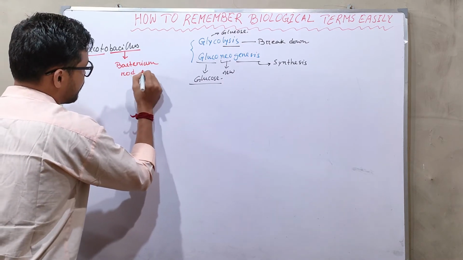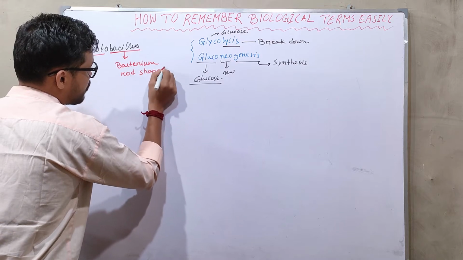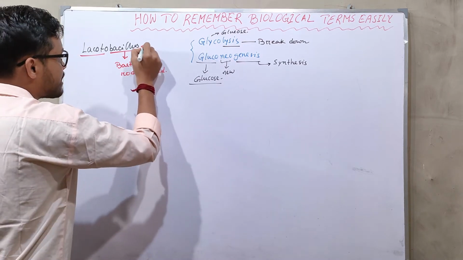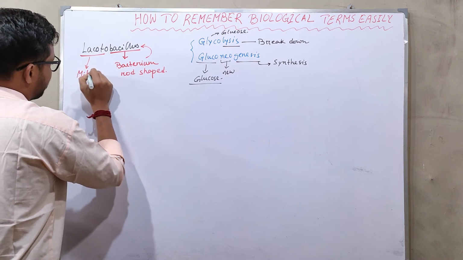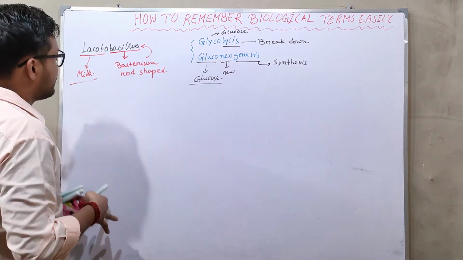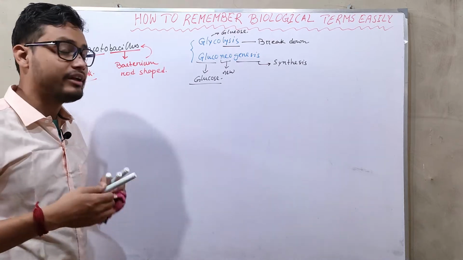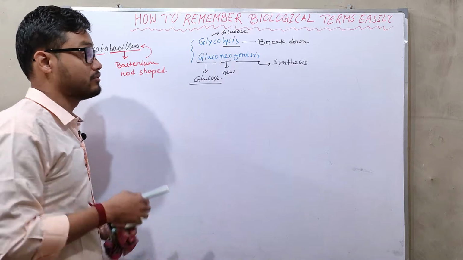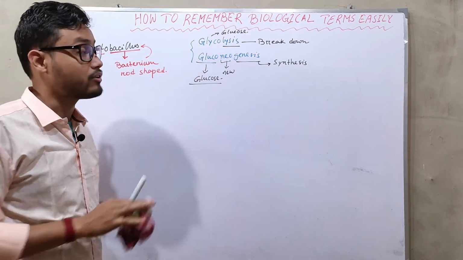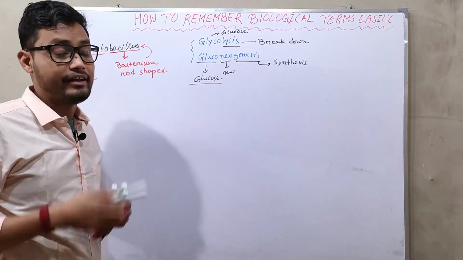So a rod shaped bacterium is known as bacillus, and lacto comes from milk, lactose. In order to learn new things or new topics, we have to split down the whole topic, or the whole heading.